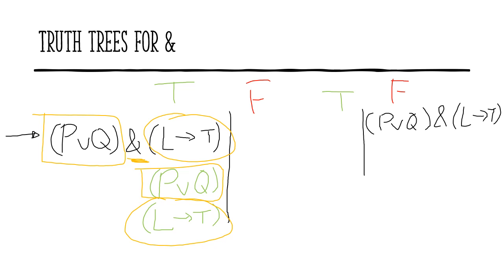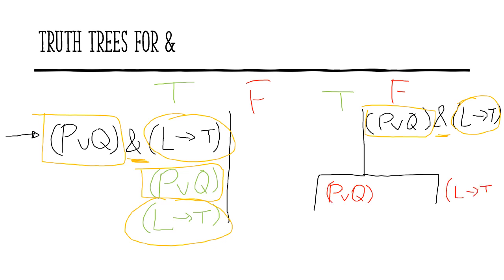The main operator is still the ampersand. I have a left side and I have a right side. And what makes an ampersand false is that either one of the sides is false. So we'll take the P or Q, put it here, and we'll put the L arrow T here.